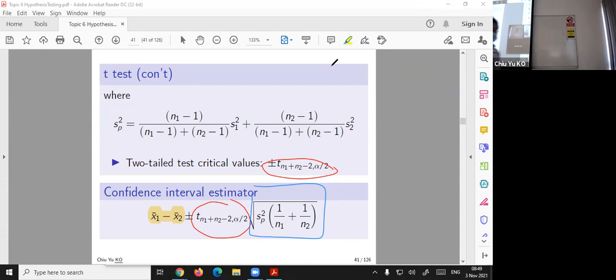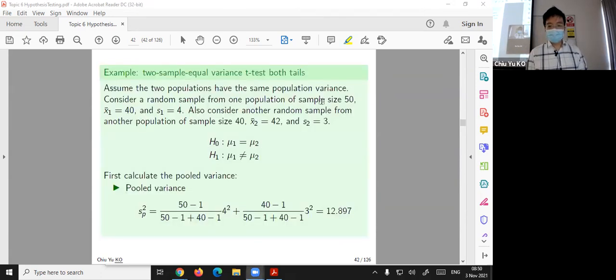I guess it would be easiest to look at the example, because I think an example can help a lot, okay? So assume that you have two independent populations that have the same population variance, so that's the same sigma, okay? And you know it already.